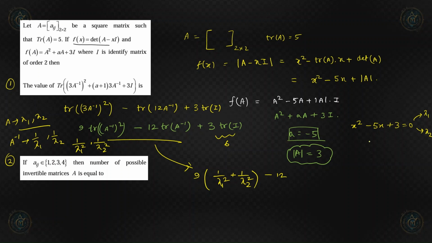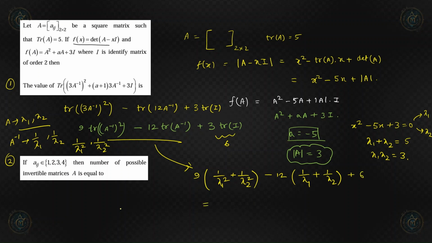So lambda 1 plus lambda 2 is 5, and lambda 1 lambda 2 is simply 3. So the trace of A inverse will be the sum of 1 by lambda 1 and 1 by lambda 2. Then we have plus 6.